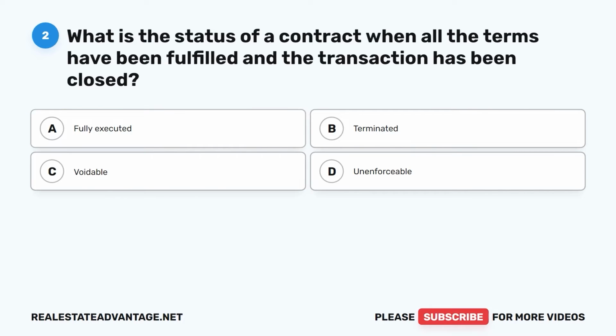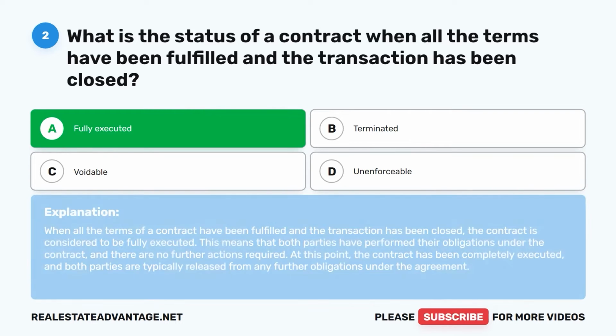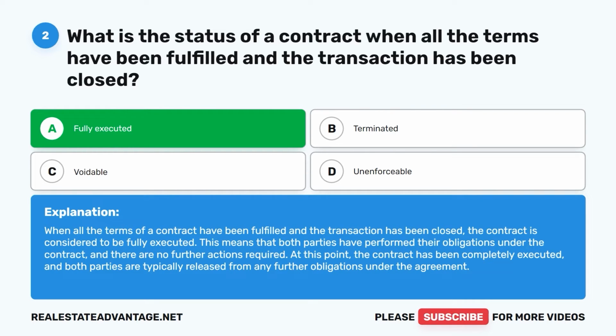Question 2. What is the status of a contract when all the terms have been fulfilled and the transaction has been closed? A. Fully executed. B. Terminated. C. Voidable. D. Unenforceable. The correct answer is A. Fully executed. When all the terms of a contract have been fulfilled and the transaction has been closed, the contract is considered to be fully executed.